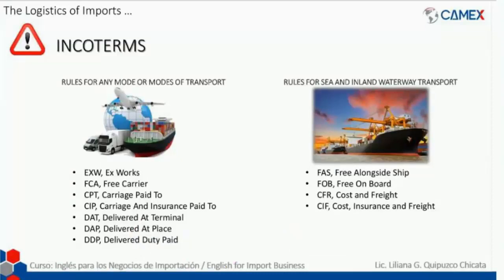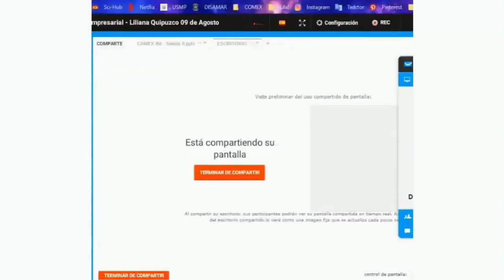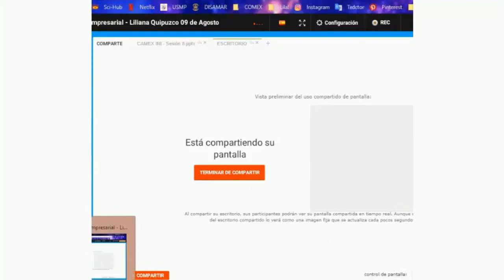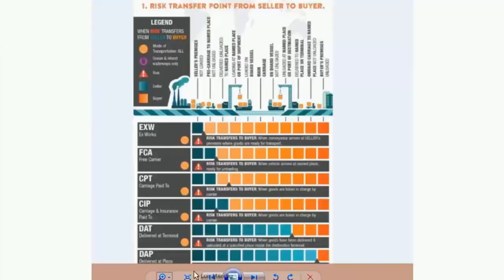Now, I'm gonna share just a portion of my screen so I can see what you are writing, okay? Les voy a compartir solamente una área de mi pantalla para ver. Hold on.